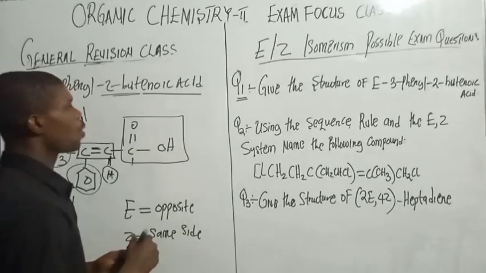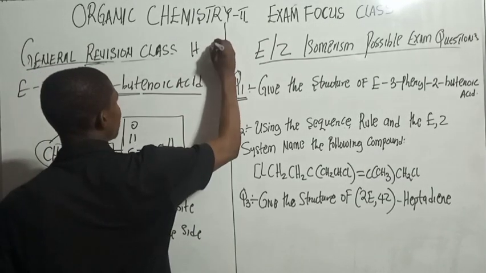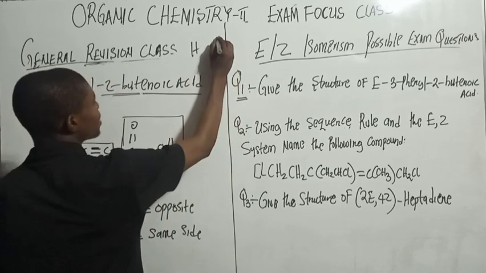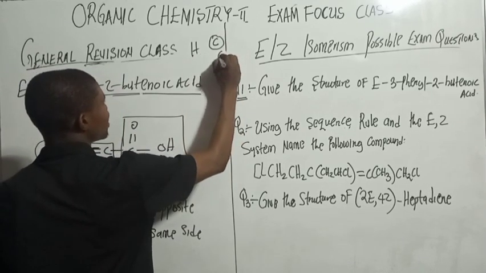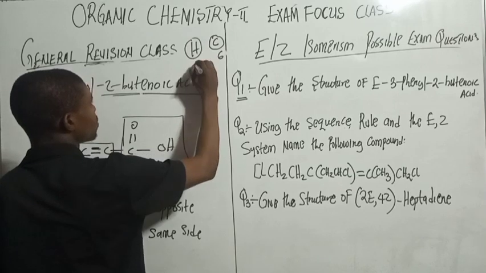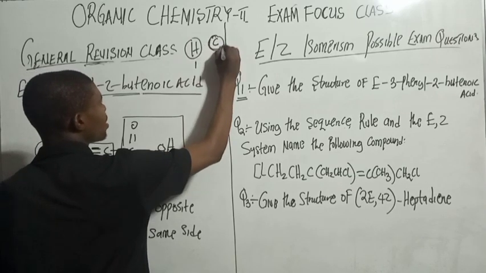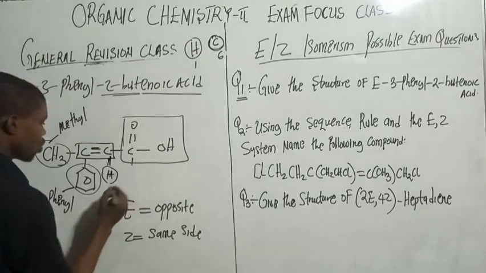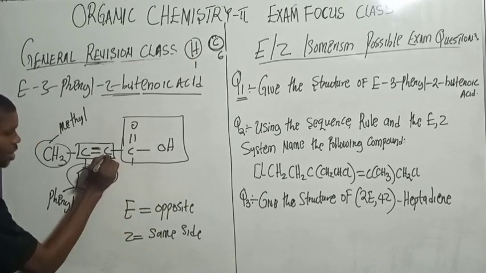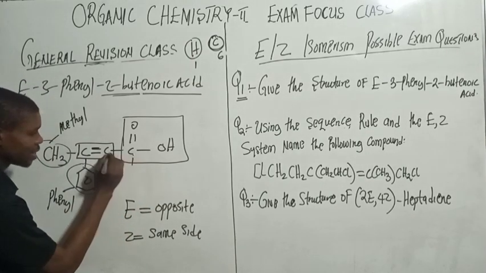If, for example, here you are comparing hydrogen and carbon, the atomic number of carbon is 6 and the atomic number of hydrogen is 1. So carbon will always take priority over hydrogen. So here you have hydrogen directly attached to this carbon, then carbon directly attached to carbon here.